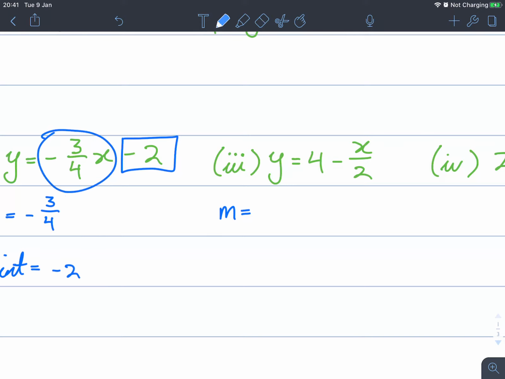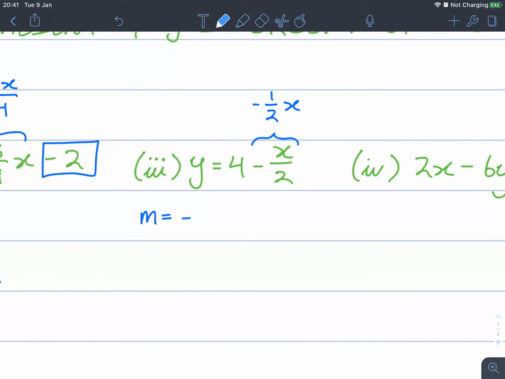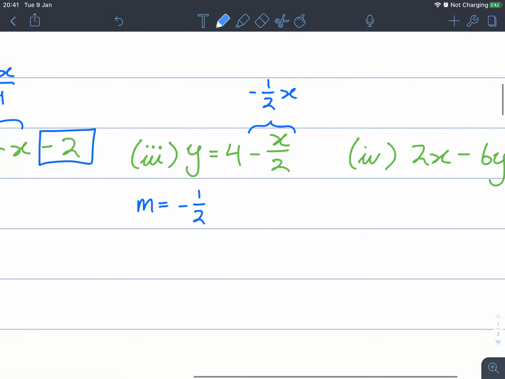So this one might be written as negative 3x on 4, and these two things mean the same thing. So this fraction can be written as negative half of x. Hope you can see the similarity between this one and this expression. So in question 3, the gradient of this line is negative half, and the y-intercept is given as this value here, 4.